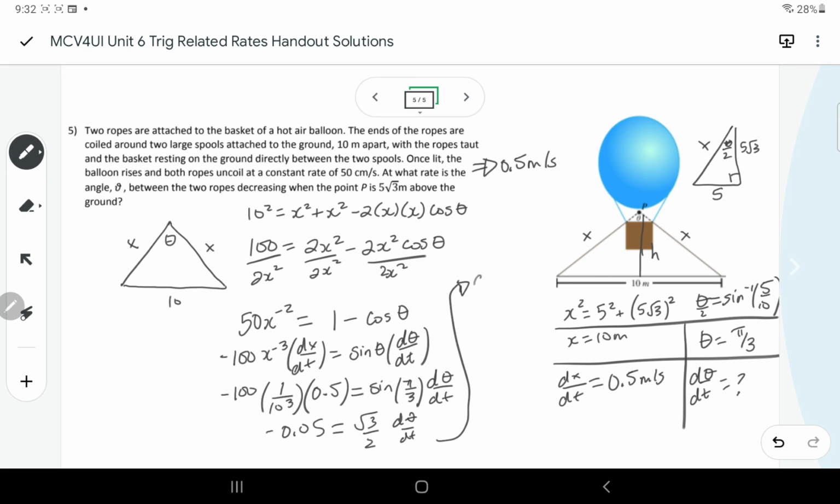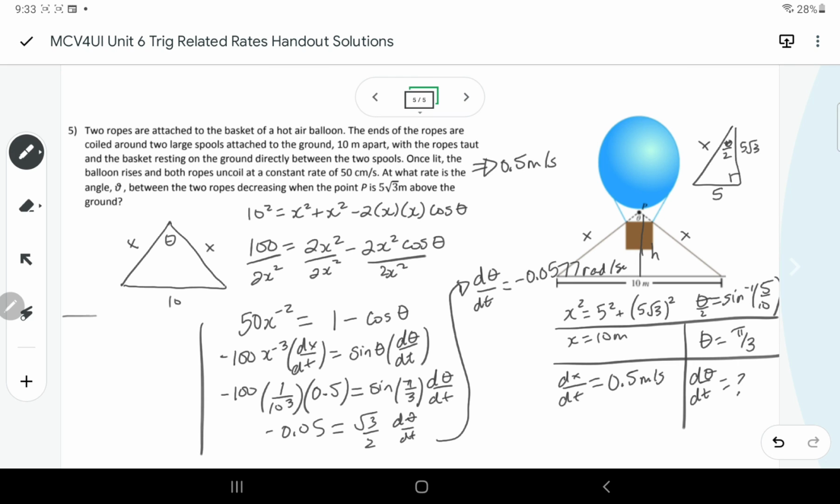I could keep going and just multiply through there, but for d theta dt, I'm going to multiply by 2, divide by root 3, and I get negative 0.0577, and that's going to be in radians per second.